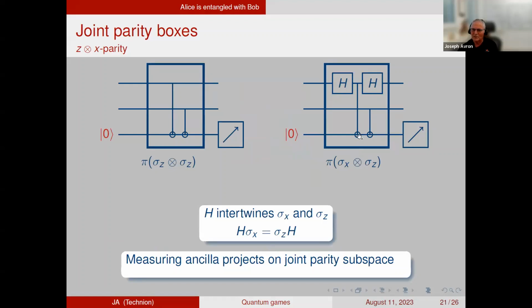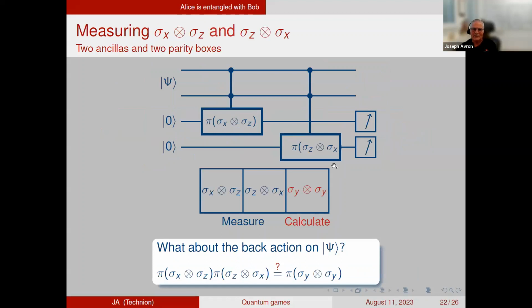Similarly, you can measure sigma x tensor sigma z, and these were the observables that we were concerned with before. I'm not sure I'm explaining it clearly enough, but I think it represents the idea that by adding ancillas you can measure the parity.